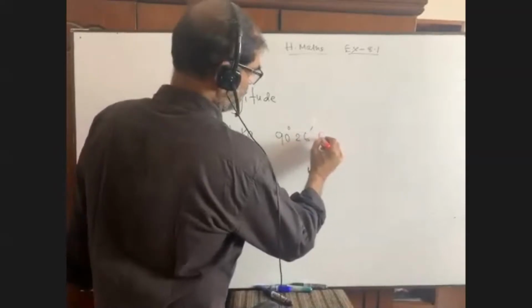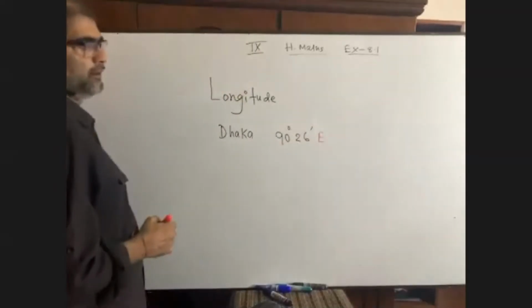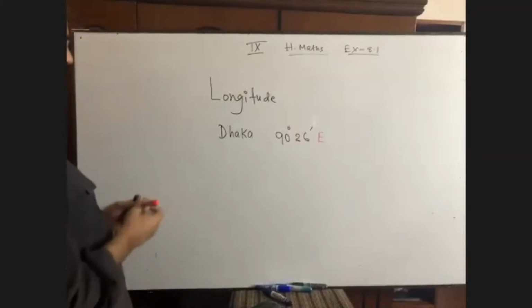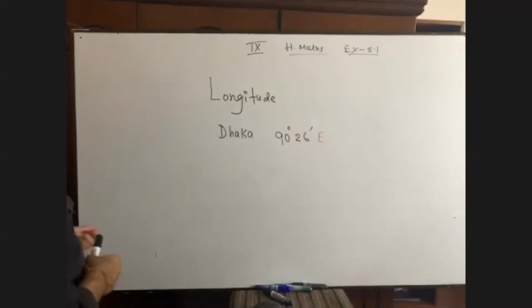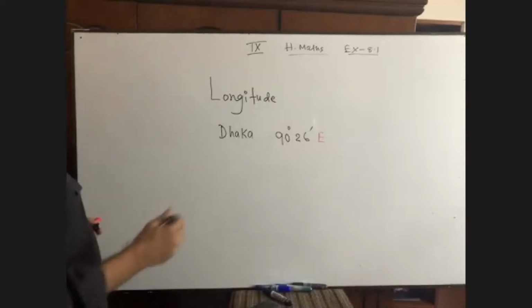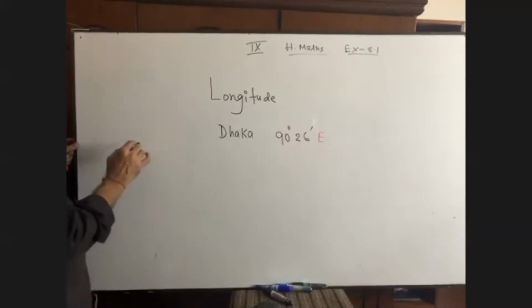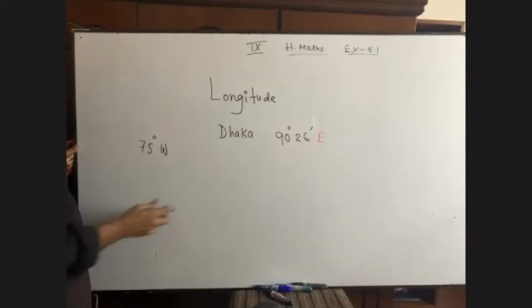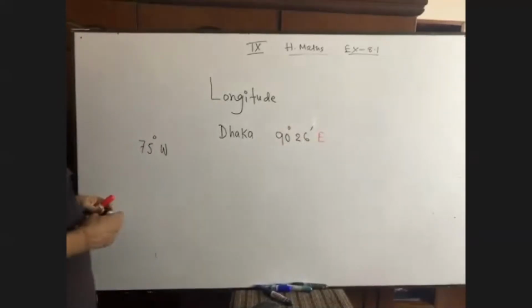You have to indicate east. For longitude, we must mark either the eastern hemisphere or the western hemisphere. I mean, one can be written like this: 75 degree west. W means west, E means east. Actually, what is happening here?